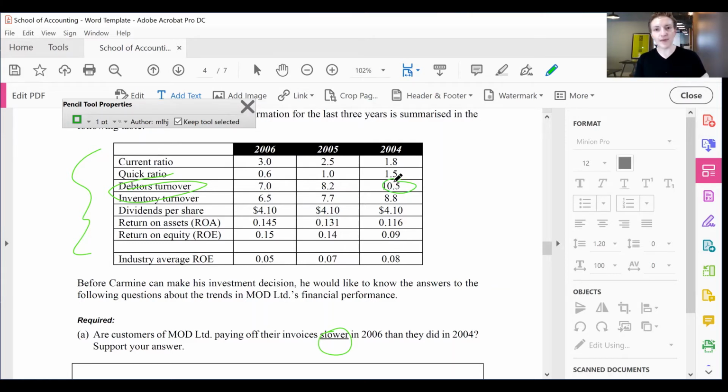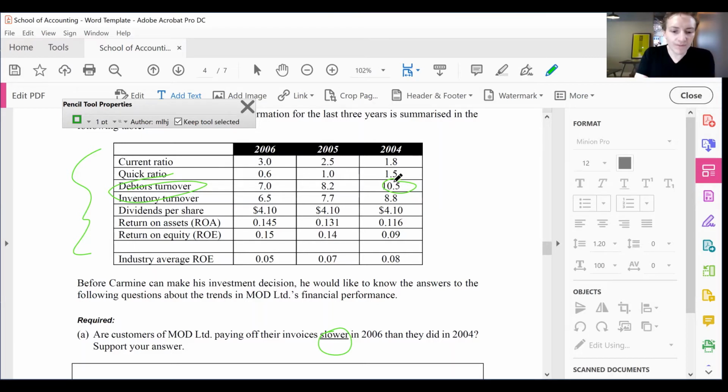What that basically means is that as debtors turnover increases, you're recovering your debts quicker. Another way to think about this is in terms of days in debtors. To get days in debtors, you take 365 and divide it by debtors turnover. So for example, at 10.5 in 2004, it was taking roughly 36 days to recover your receivables.